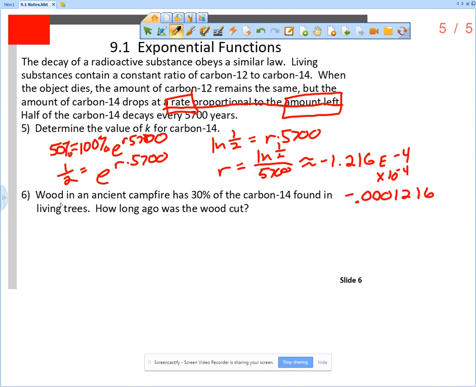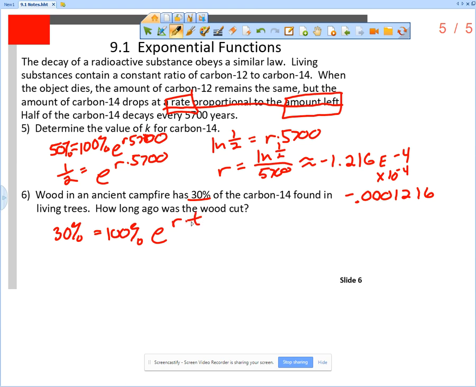All right, so now it says wood in an ancient campfire has 30% of the carbon-14 found in living trees. How long ago was the wood cut? So when, how long ago did the tree die? All right, so we start off, well, now we have 30%. That's the amount that we have. We started with 100% times e to the r times time.